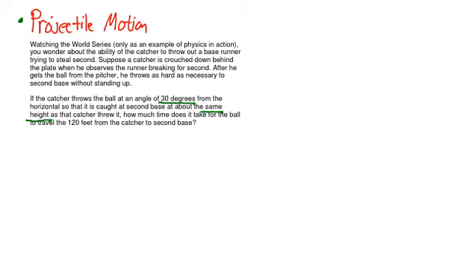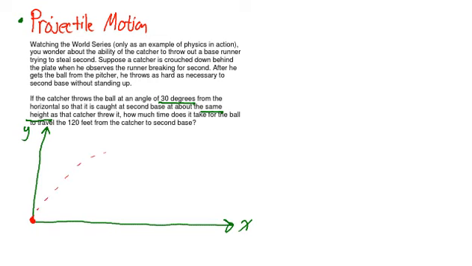Let's draw this pictorial representation on an XY coordinate system. Let's pick the position of the catcher when the ball is thrown to be at the origin, and we'll trace out the motion, and we see where the second baseman needs to be at the same elevation.